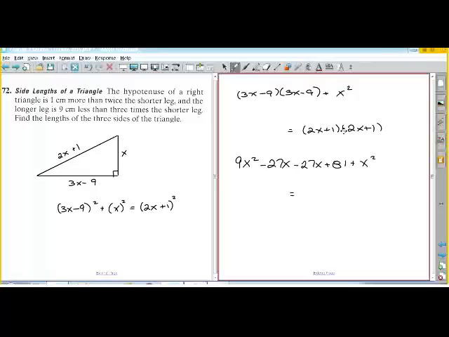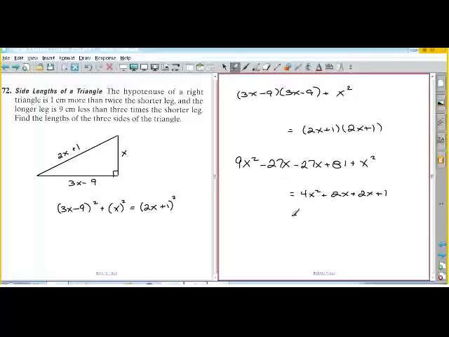Then I add my x squared. And then I do the same thing for the right-hand side. So 2x times 2x is 4x squared. Inner is 1 times 2x, which is 2x. Outer is 1 times 2x, which is 2x. And then last is 1 times 1, which is 1.